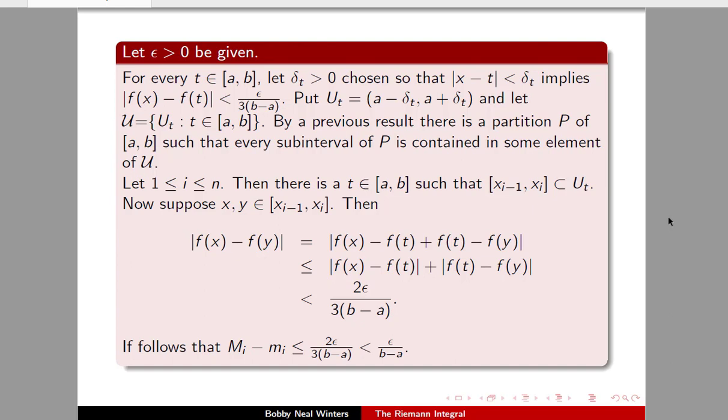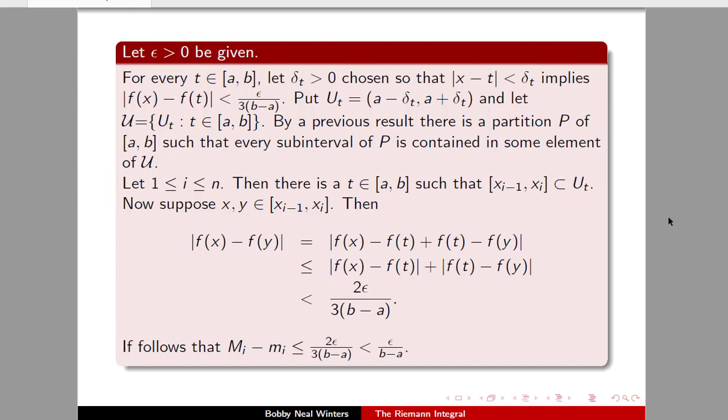Now, let i be between 1 and n. Then there is a t an element of the closed interval [a, b] such that the interval [x_{i-1}, x_i] is contained in u sub t. So suppose that x and y are contained in that subinterval.